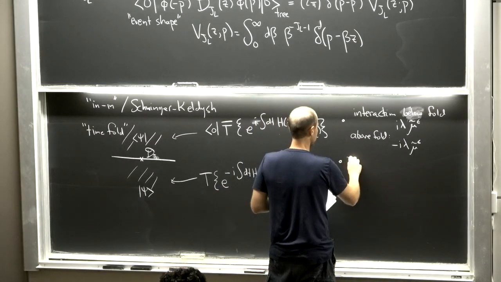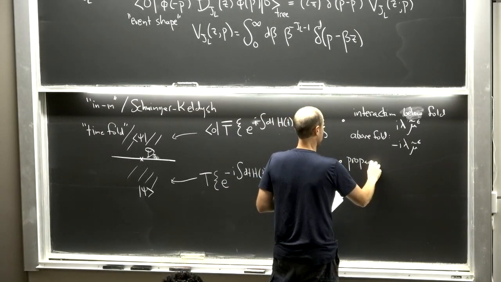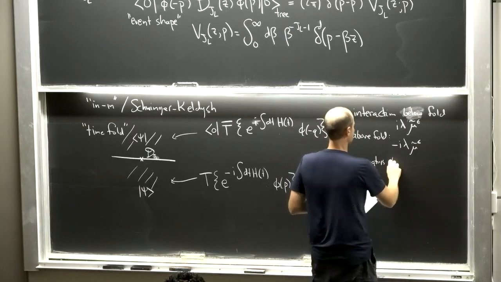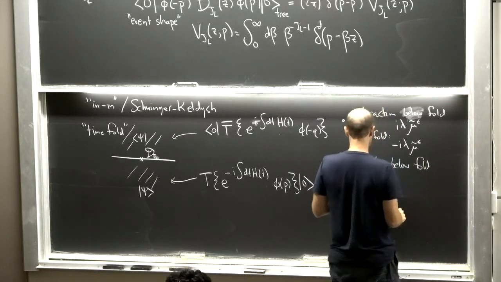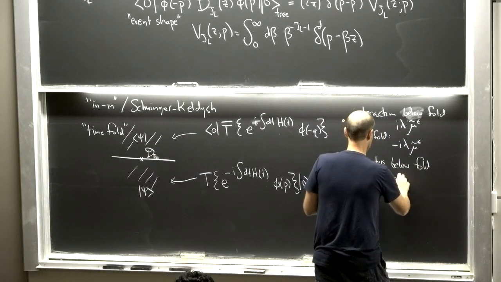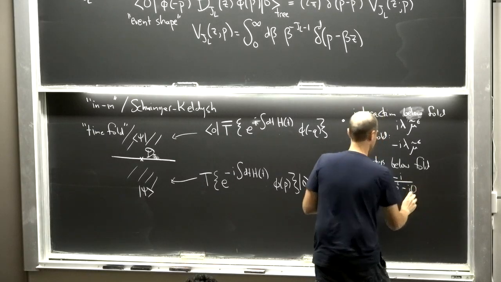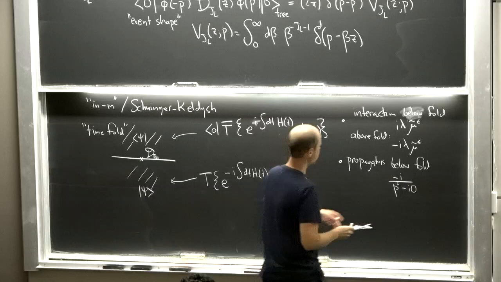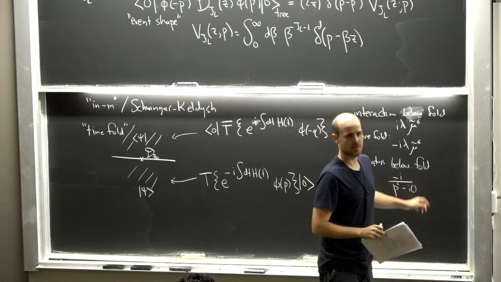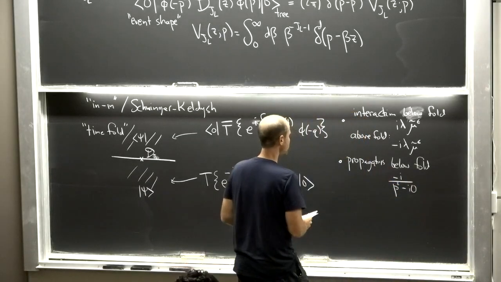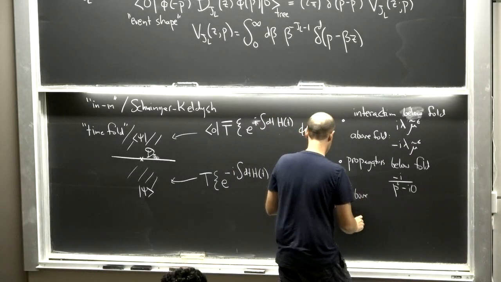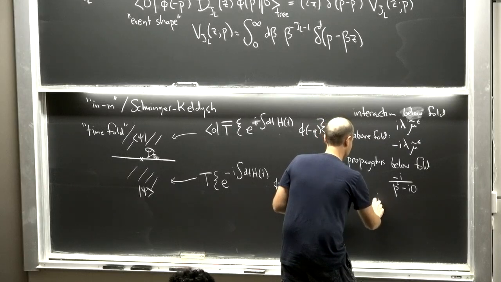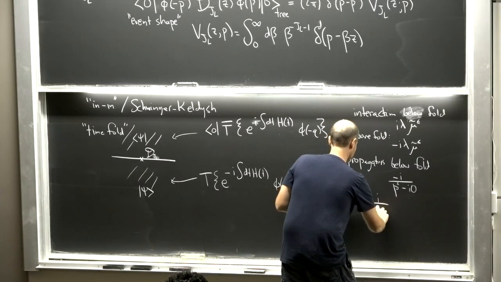Similarly for propagators below the fold, we have the usual time-ordered propagator, which in momentum space is minus i over p squared minus i0. I'm writing 0 here instead of epsilon because I don't want to get confused with the dimensional regularization epsilon. And then above the fold, we have the complex conjugate of this, which is the anti-time-ordered propagator in momentum space, i over p squared plus i0.